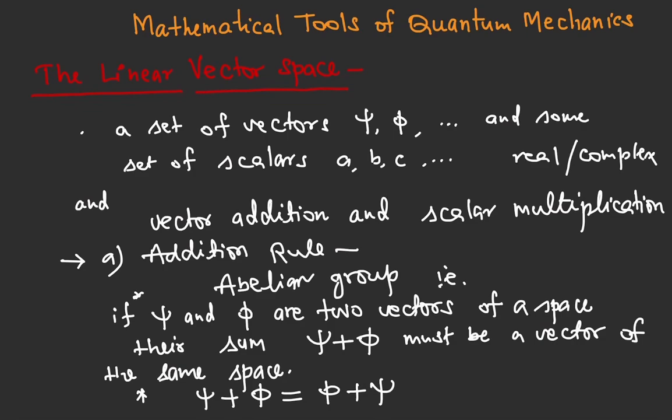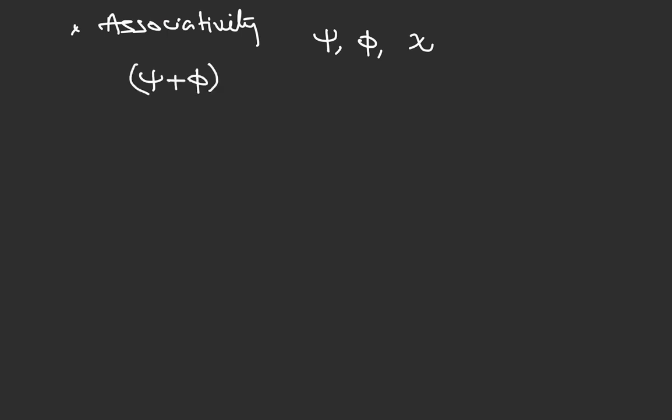It should also follow associativity, that is, if there are three vectors psi, phi and xi, then psi plus phi, plus xi should be equal to psi plus phi plus xi.